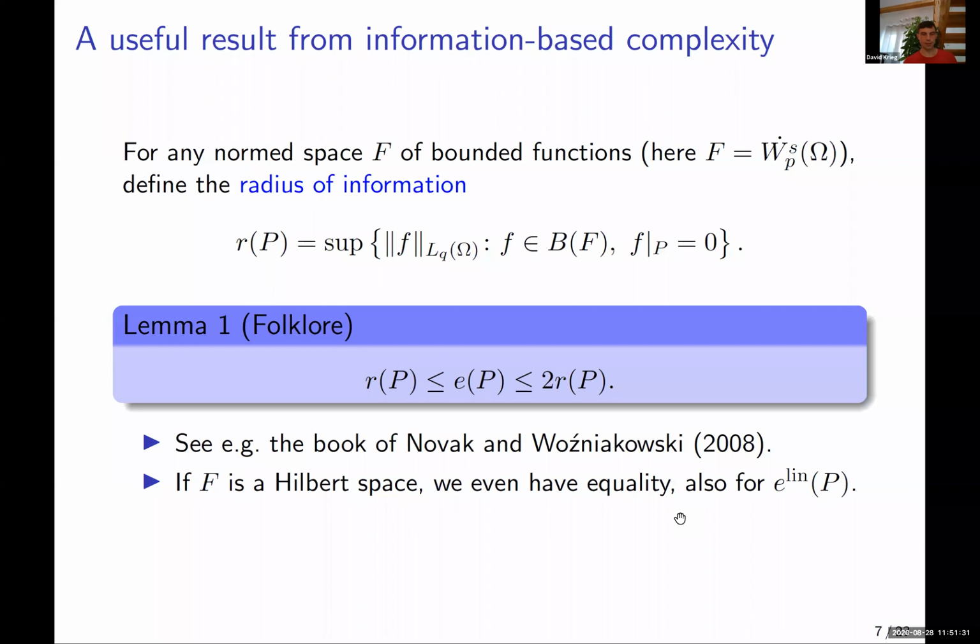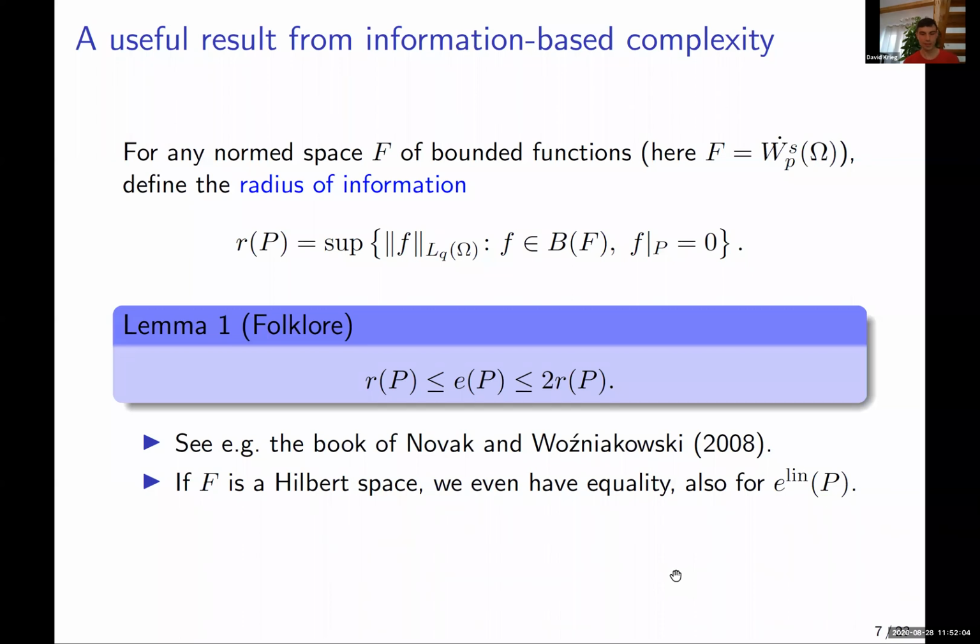And the lemma which we need is that basically the error, the minimal worst case error for arbitrary algorithms, is basically the same as this radius of information. And well, I say here the author is folklore, but you can find the result in the book of Novak and Woźniakowski.